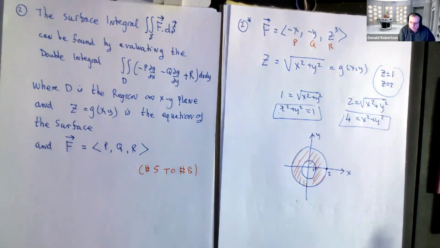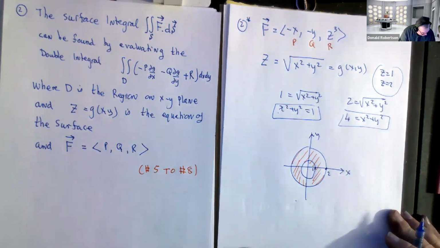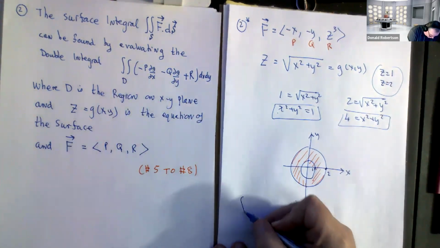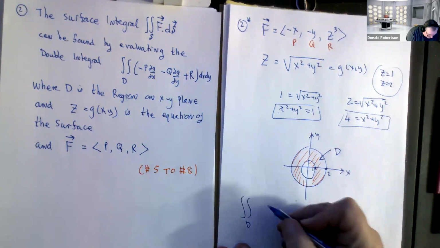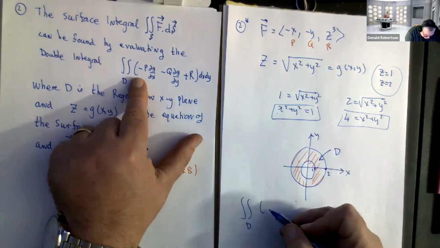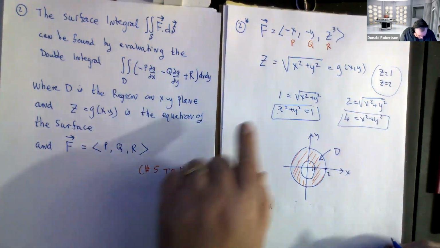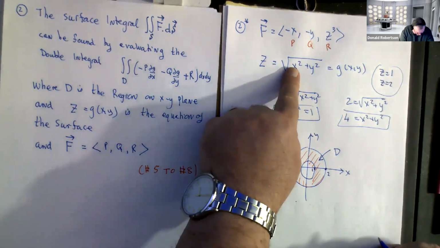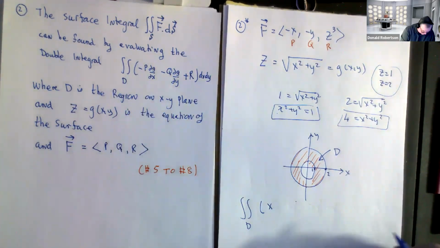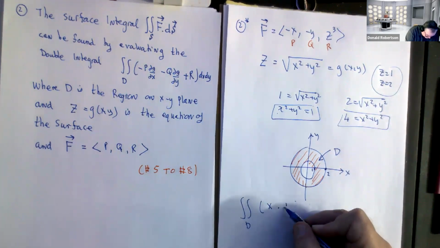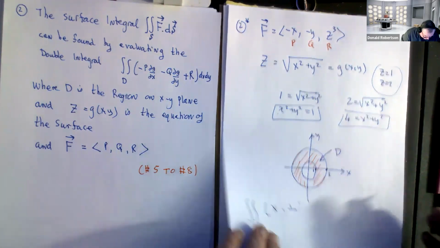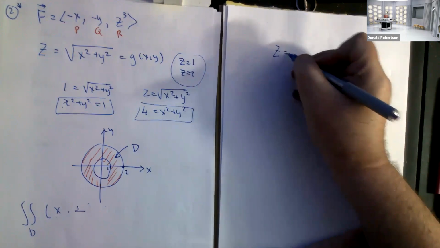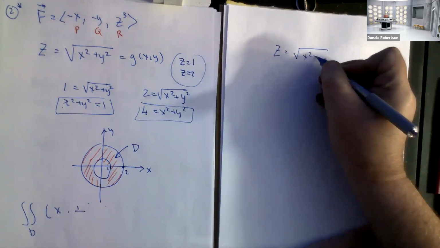Essentially, I'm pretty sure I'm going to have to go polar to do my double integral. But let's not worry too much about that yet, because we still have this guy to calculate. So I'm just going to call it a double integral over D, where D is this donut shape. It's then going to be negative of this guy, which is x. And if you differentiate this guy with respect to x, you will get 1 over, oh, let's do that at the side, because I'm pretty sure it's nicer than what I was about to write.